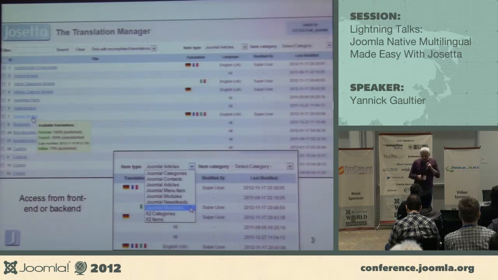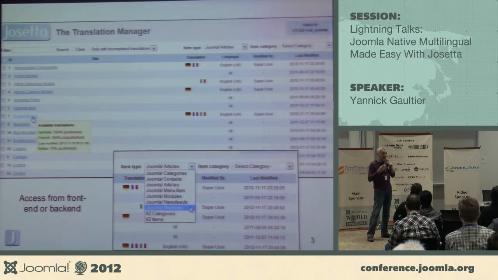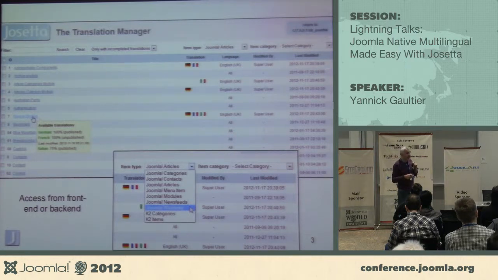How does it work? If it has to be simple, then the extension itself has to be simple. Basically, Josetta has two screens. One is the list of items that are available on your site for translation, and the other one, which we'll see later, is the actual translation screen. So the workflow is pretty simple. You access the main translation screen, which lists items.